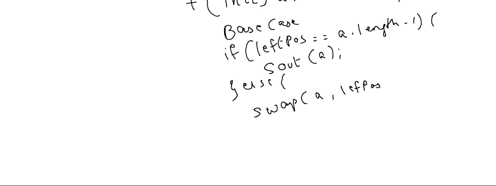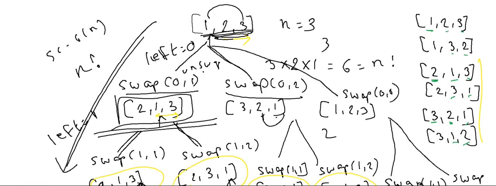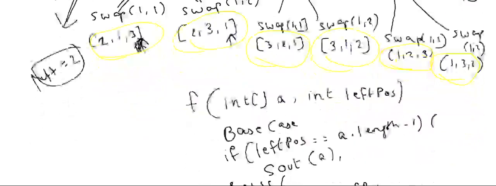I need to write a for loop because I'm performing the swap for all these elements. I'm swapping 1 with itself, then I'm swapping 1 with 3. So whatever the left position, I need to iterate from the left position till the length of the array.